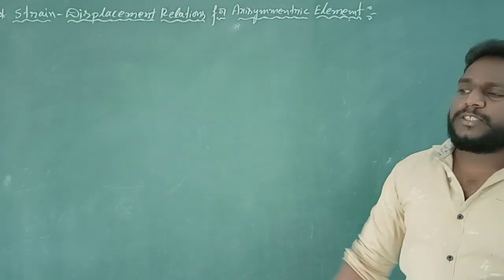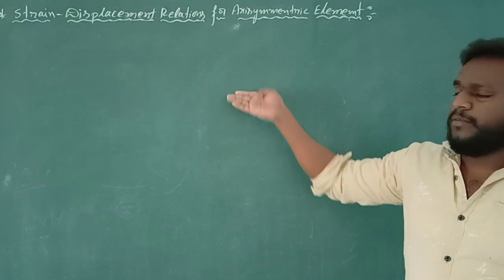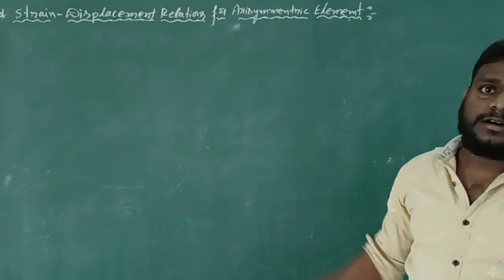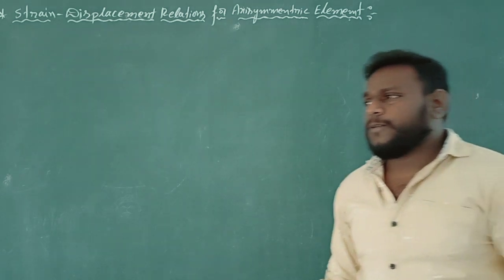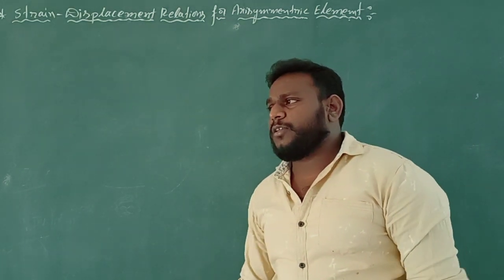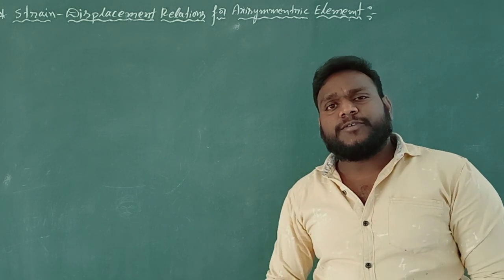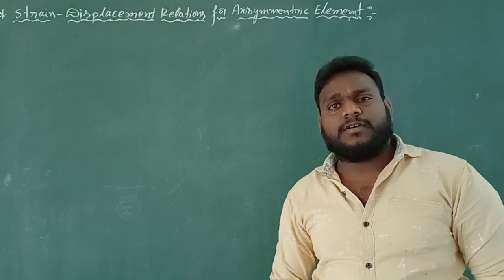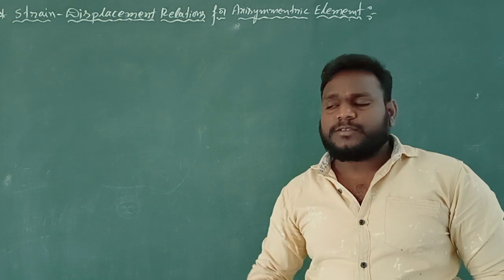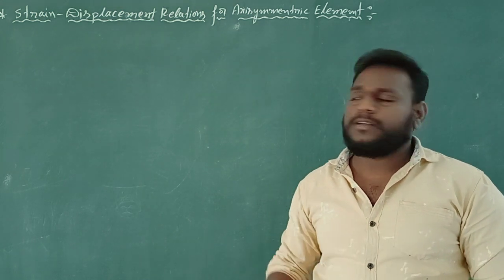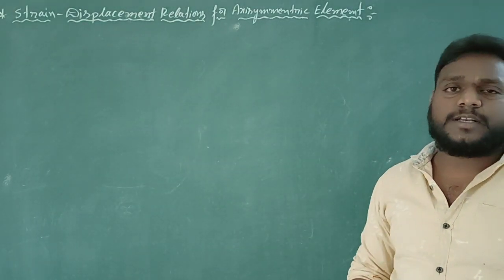After seeing that shape function derivation, then see this strain displacement relations derivation. In that video, I have derived shape functions for the axisymmetric element, so please see that first.